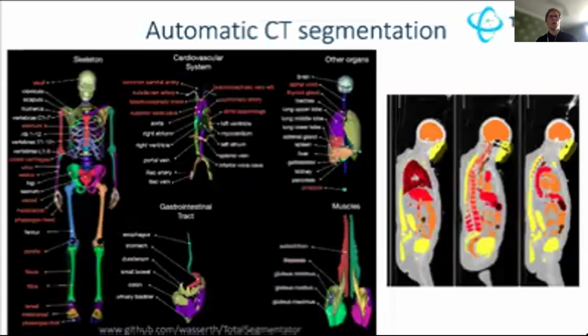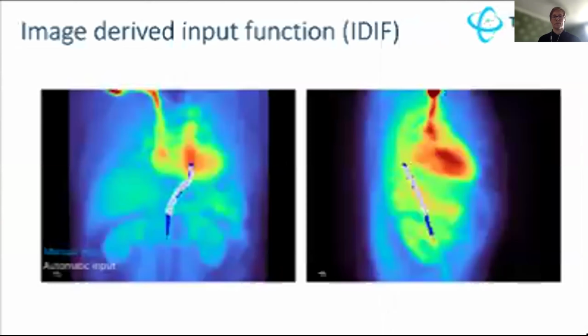And this tool segments all the major organs and the skeleton and muscles and cardiovascular structures, such as the aorta and left and right ventricles and the portal vein. And even with our low-dose CT images, the quality of the segmented regions is very good, although they are still relatively large entities.